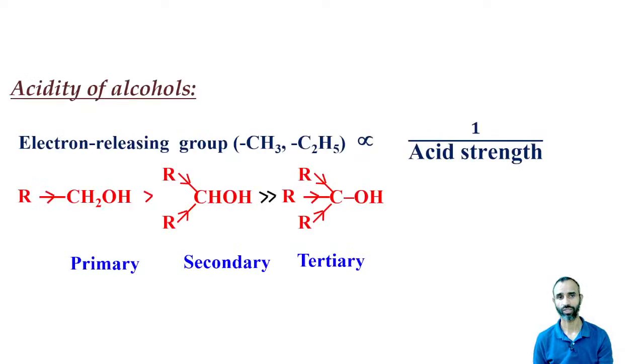As the number of releasing groups increases, acidic strength decreases. Electron withdrawing groups increase the acidic strength. Electron releasing groups decrease the acidic strength, meaning electron releasing groups are inversely proportional to acid strength.